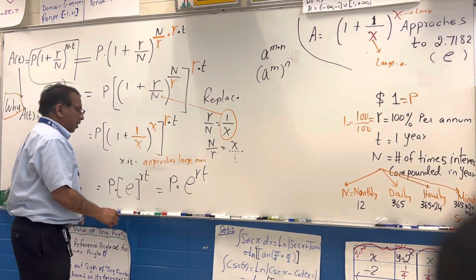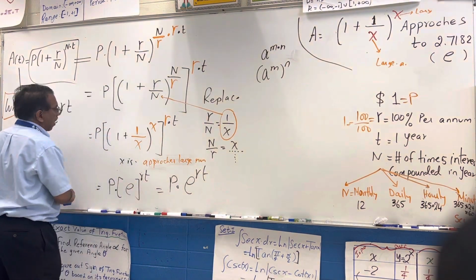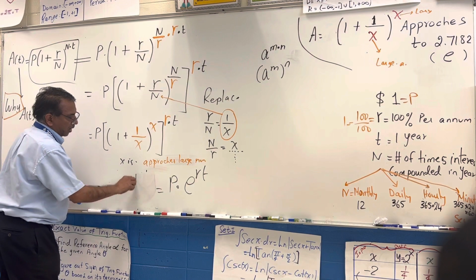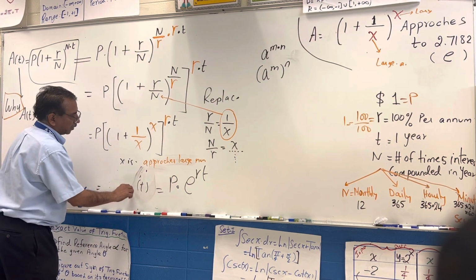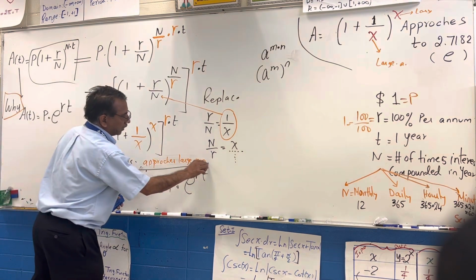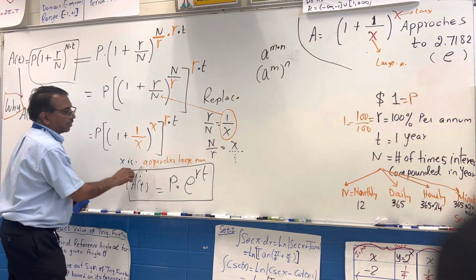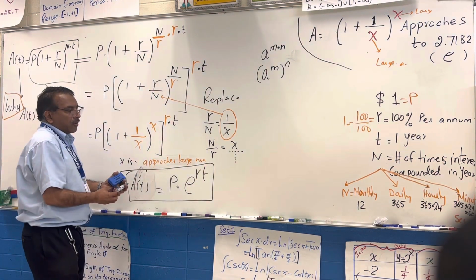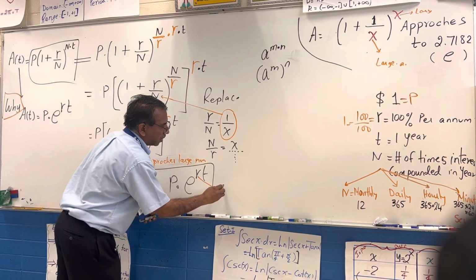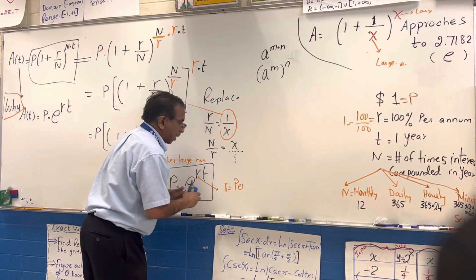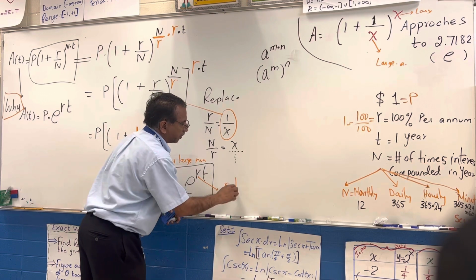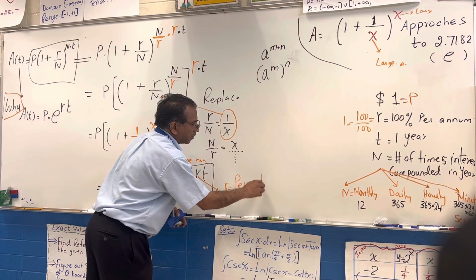So the question is, when do we use this formula? So this part is P, and t is whatever the years are. All you need to know is the rate of percent per year.